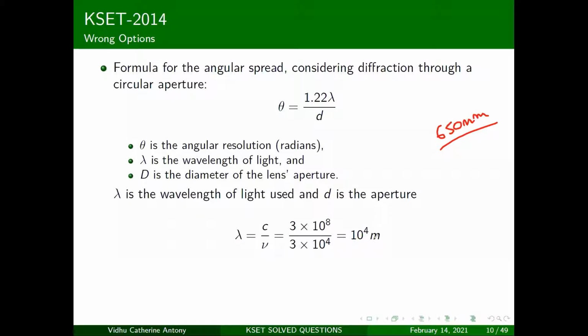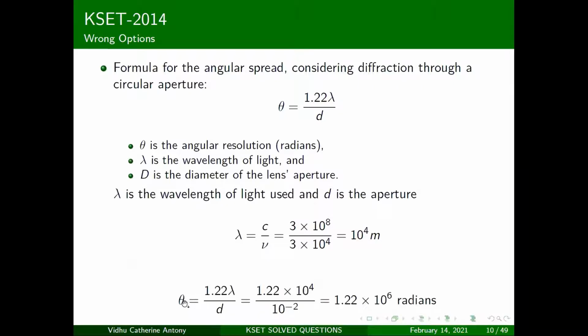Lambda here is about 10 kilometers. It's absolutely ridiculous to have a laser with a wavelength of 10 kilometers. It should be of the order of nanometers or angstroms. That's why these options are wrong. They kind of goofed up on the value of the frequency. That's why you have this issue. Anyway, let's just proceed with that.